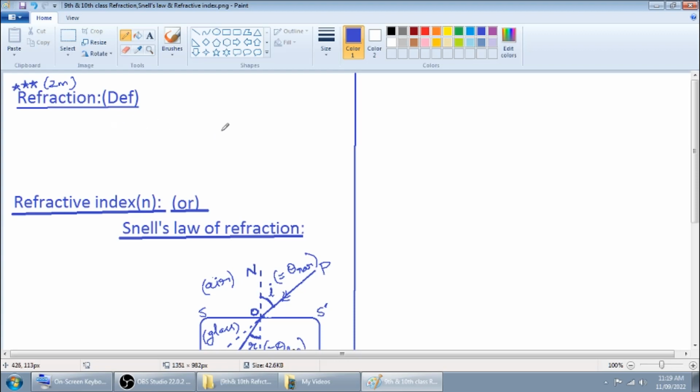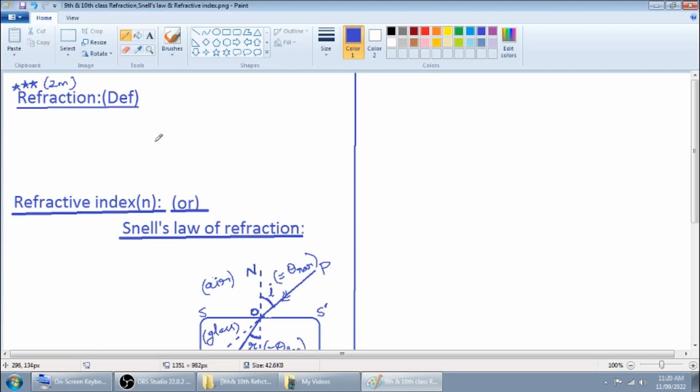Now take light or a light ray. So what is a light ray? We have seen that light is a form of energy. Light is given out from a source. A simple example of a source of light is an electric bulb, a burning candle.